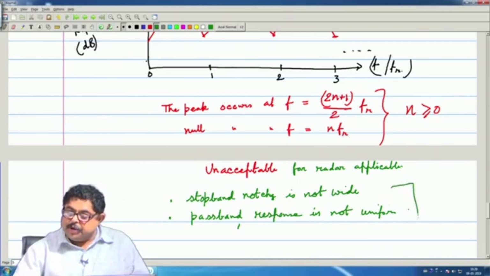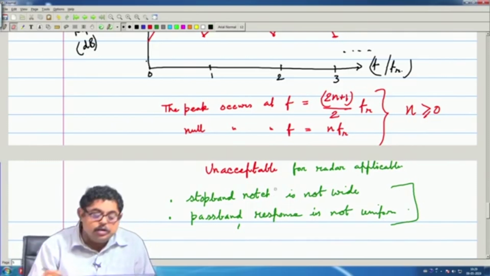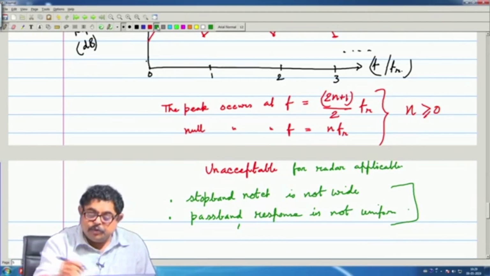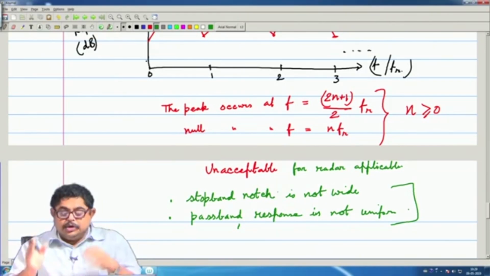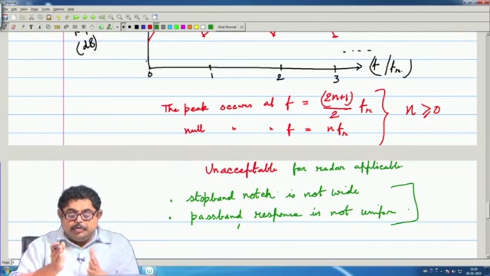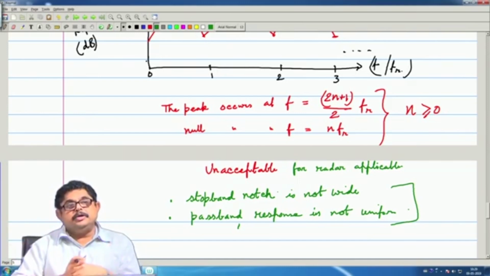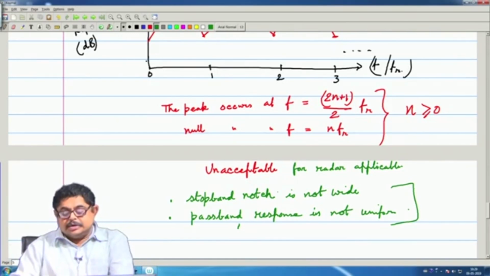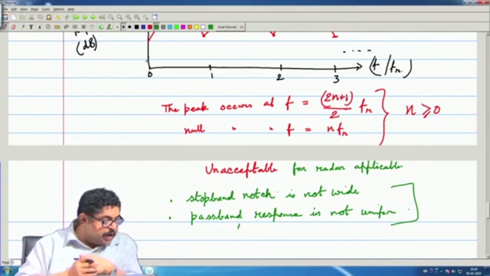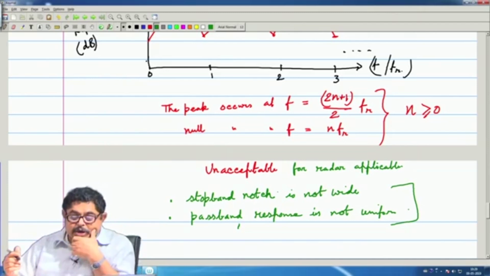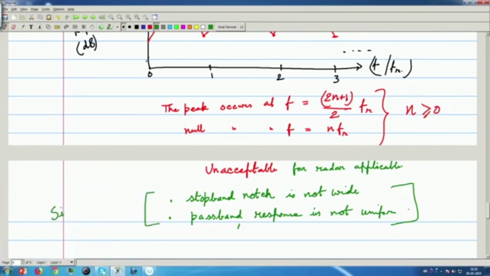So, these are the two problems that we will have to address. We need to have a much wider stop band notch, at least to the overall spread of the Doppler spectrum, and the pass band response should be made more uniform. That is not possible by single DLC, or SDLC.